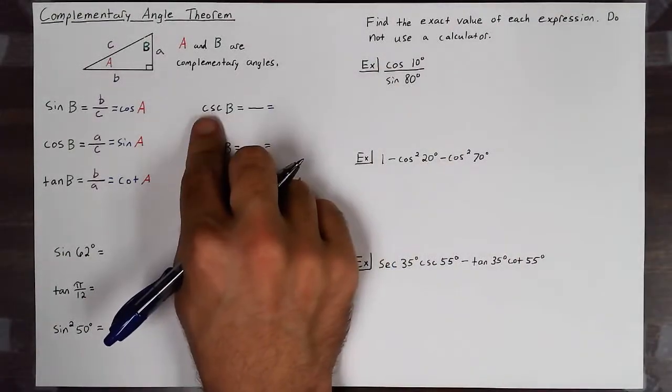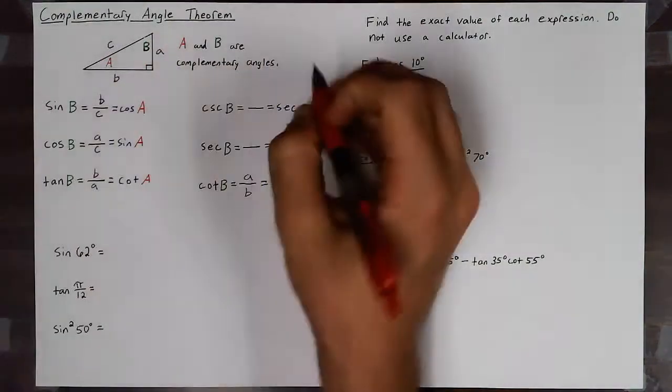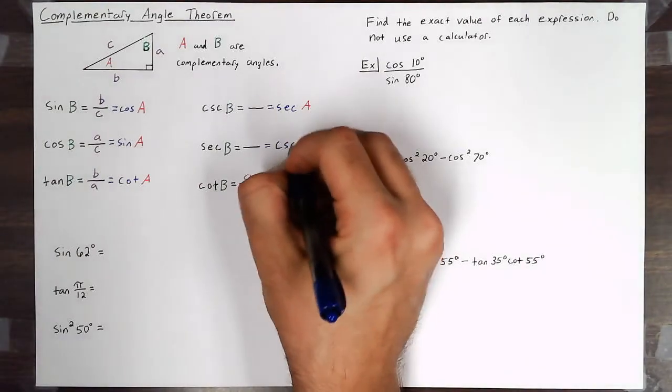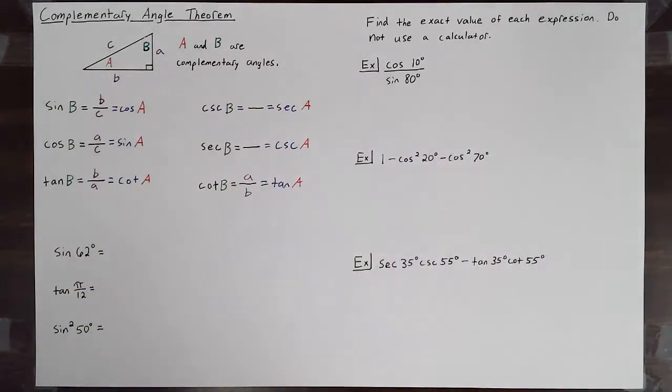So cosecant of B should be equal to secant of A, and then secant of B should be equal to cosecant of A. Again, B and A have to be complementary angles for this to work.